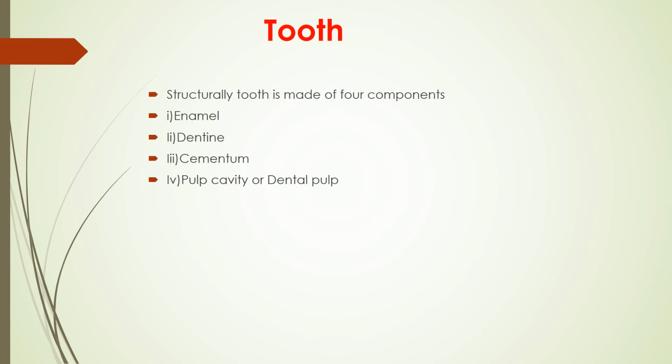Each odontoblast gives out branching protoplasmic processes towards the dentin called dentinal fibers or fibers of Tomes. Each fiber deposits dentin around itself, forming tubular channels within dentin called dentinal tubules.